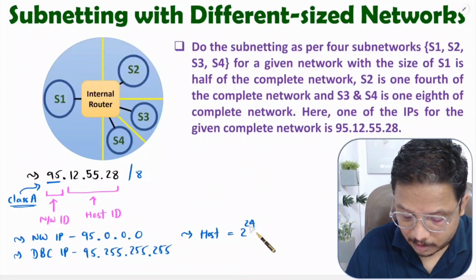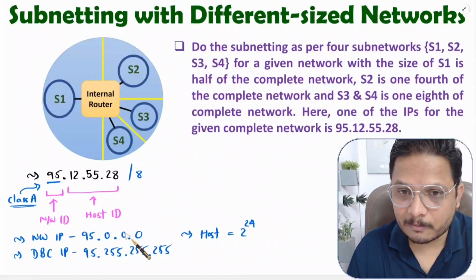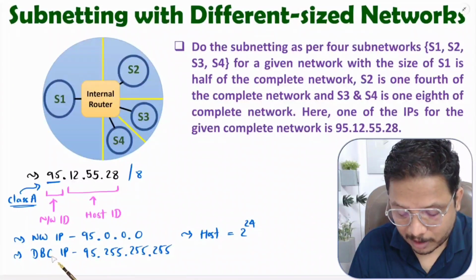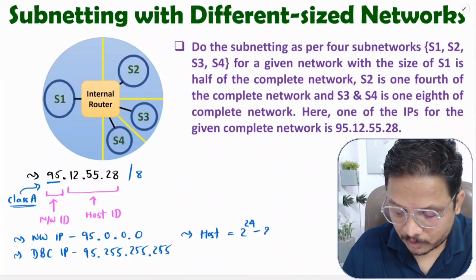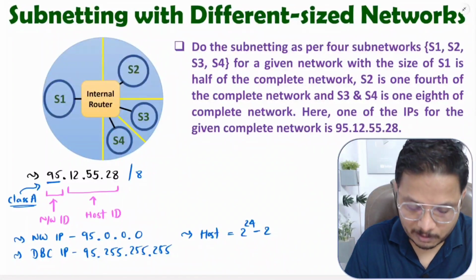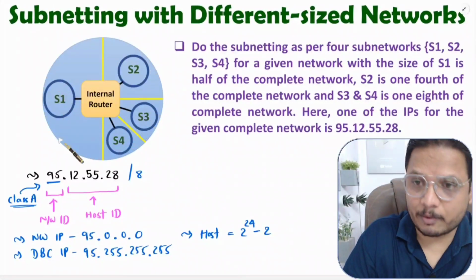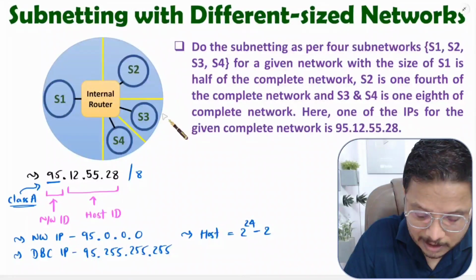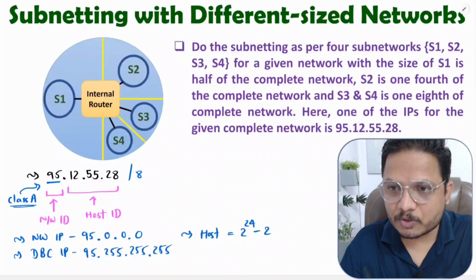But out of that, 2 IPs are reserved. One IP is the network IP which is reserved, and the second IP is the direct broadcast IP that is reserved. So 2 to the power 24 minus 2 will be the number of hosts with this class A complete network. Now once you understand how this complete network is, we can bisect that into different sizes. Let me show you how.